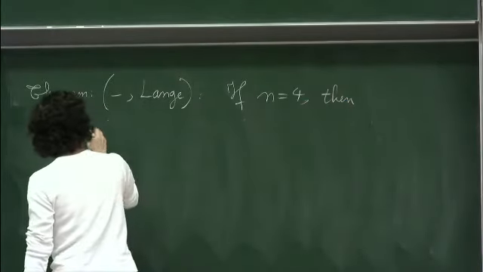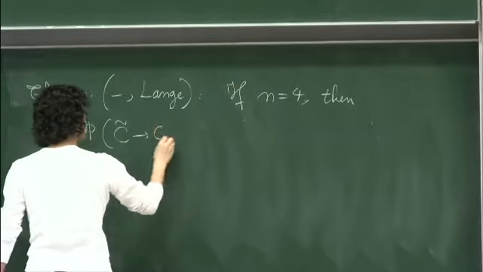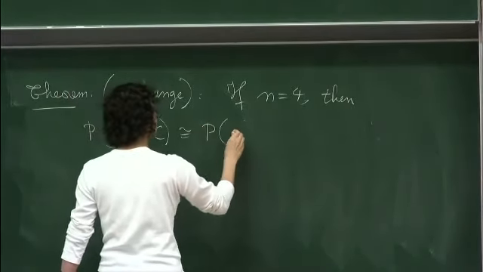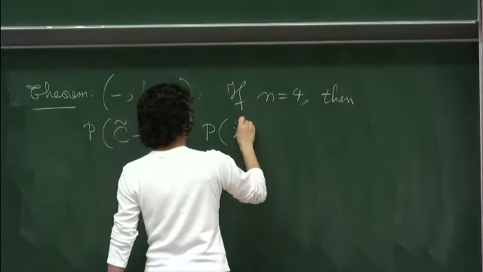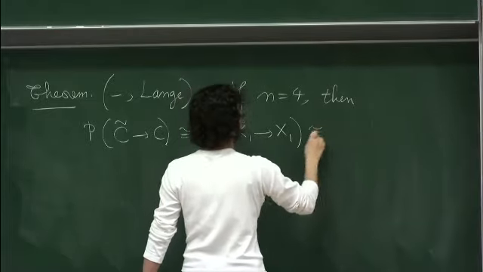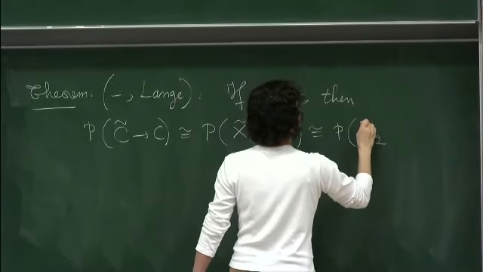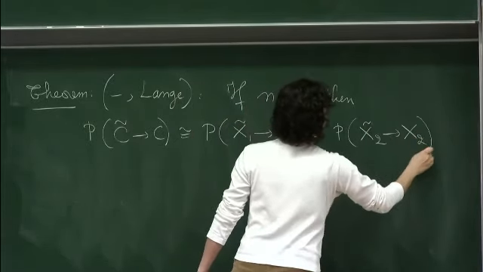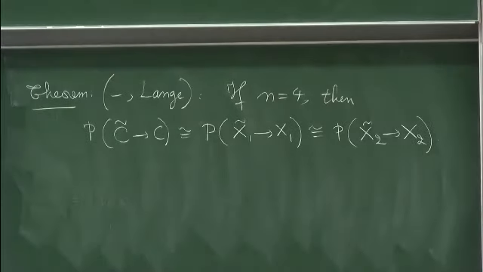Then the Prym of C tilde to C is isomorphic to the Prym of X1 tilde to X1, which is isomorphic to the Prym of X2 tilde to X2.